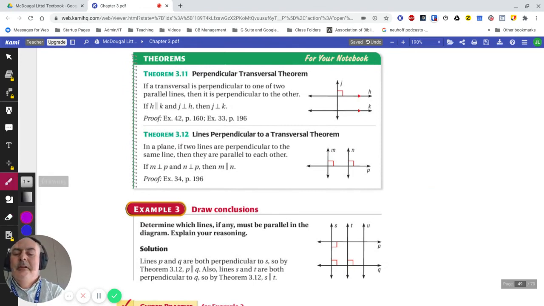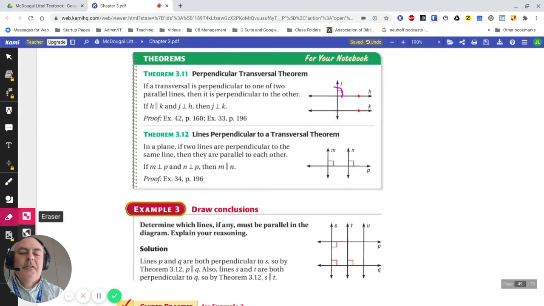So when I have two parallel lines, if I know these lines are parallel and I have a transversal that is perpendicular to one, I know by definition it's going to be perpendicular to the other. So a transversal perpendicular to one of two parallel lines is going to be perpendicular to both of them.